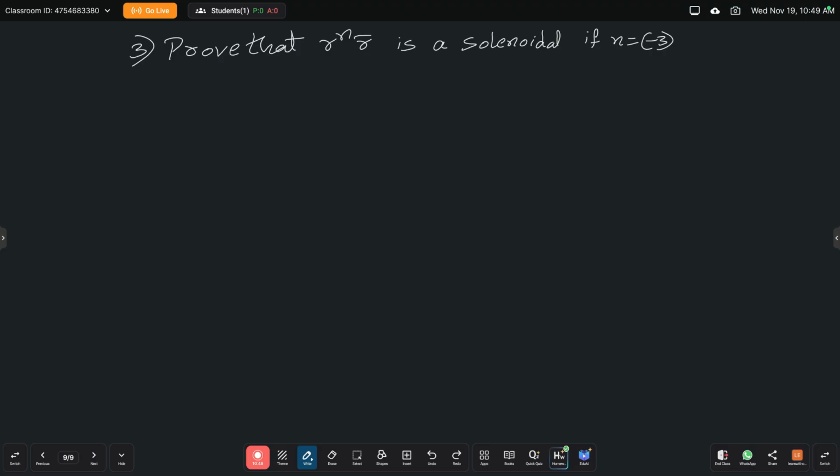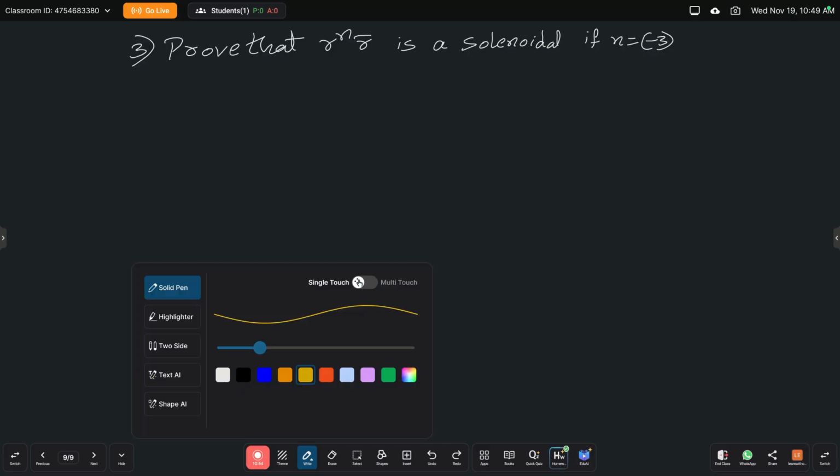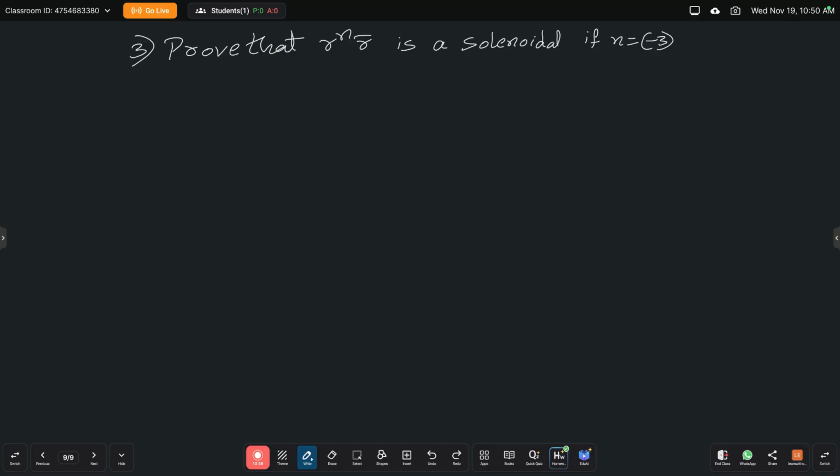First of all, the solenoidal vector: a vector f bar is said to be solenoidal if the divergence of f bar equals 0. If the divergence of f bar equals 0, then f bar is called solenoidal. This is the definition of solenoidal.